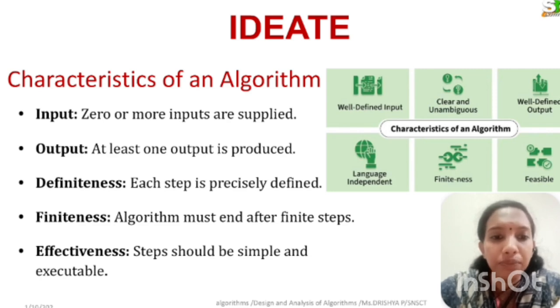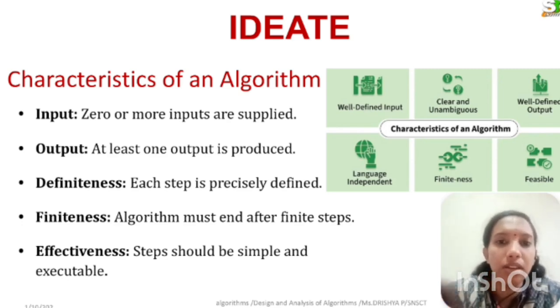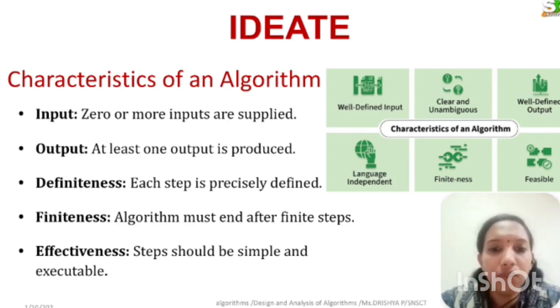Then the characteristics of an algorithm. The algorithm has some characteristics: input, output, definiteness, finiteness, and effectiveness. Input: zero or more inputs are supplied. Output: at least one output is produced.